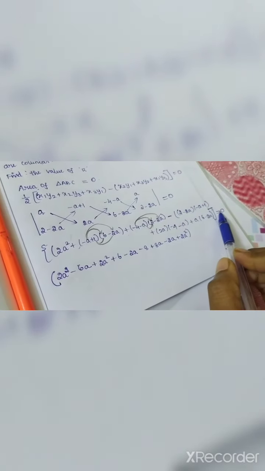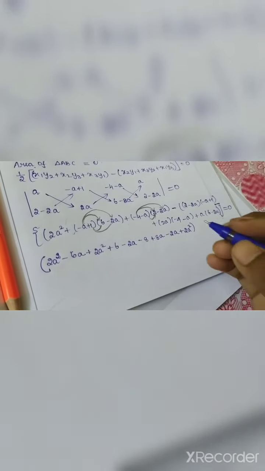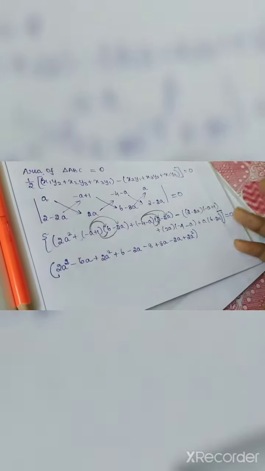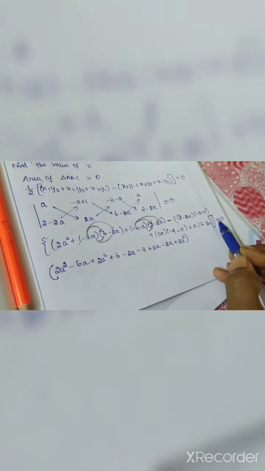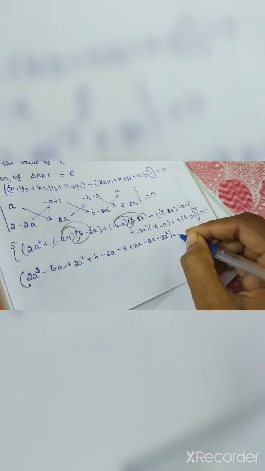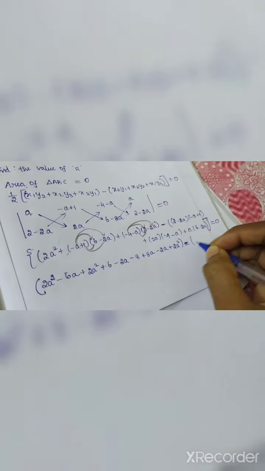This overall negative is moving to this place now. I can write it like that. Otherwise no problem, for my convenience, this whole negative is moving to this place, equal to 0, right? So it becomes positive. Otherwise, if you're struggling, it's okay, no problem.